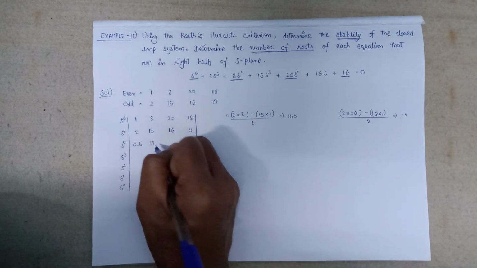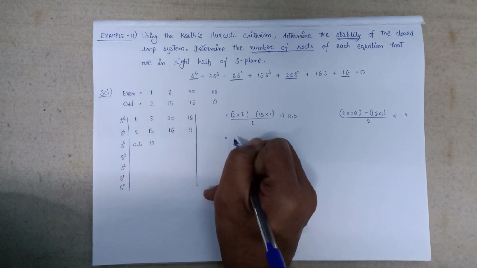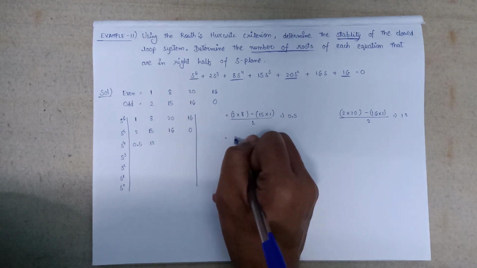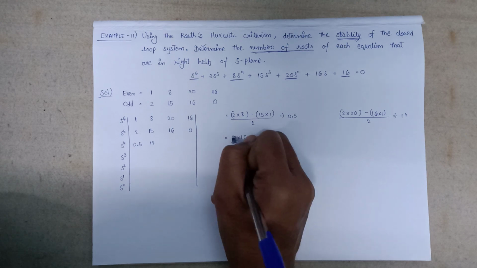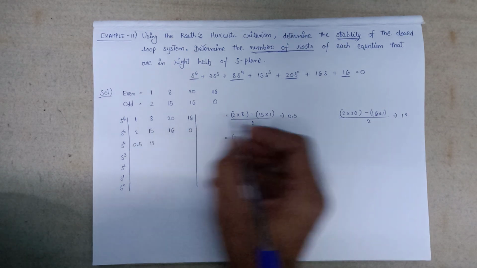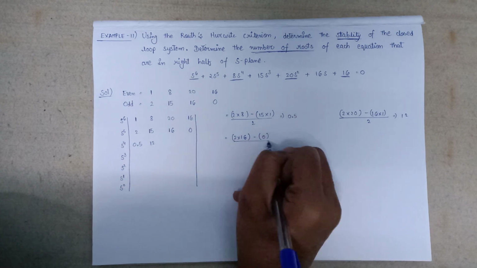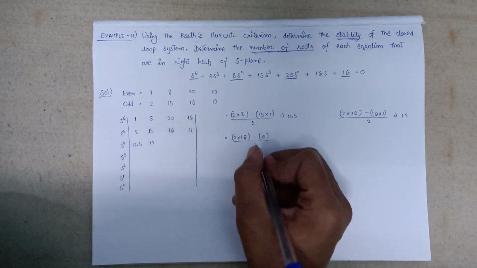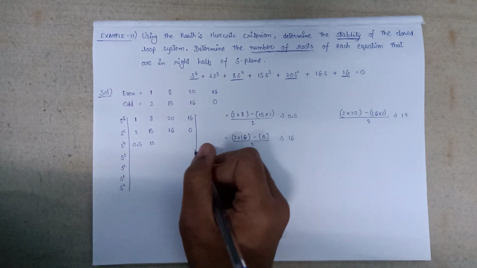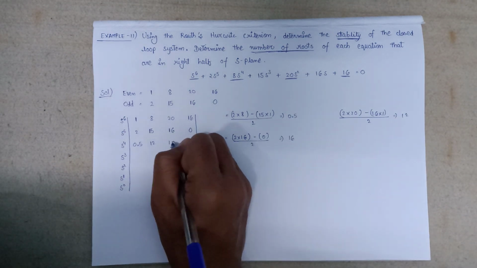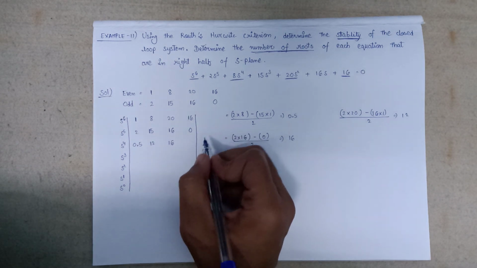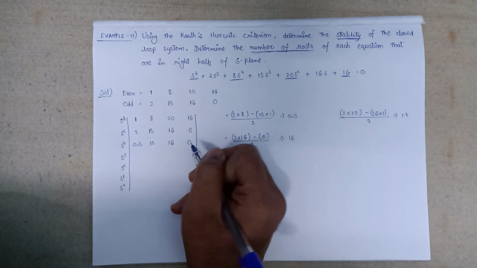So 12 will be written here. After this, 2 into 16 minus 0 multiplied with 1, the whole divided by 2, so we get 16 as a result. So 16 will be there.